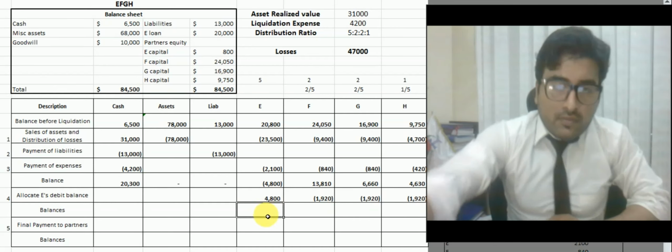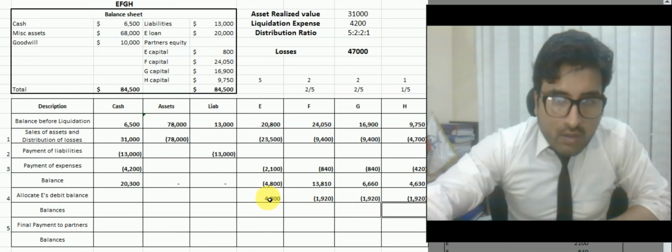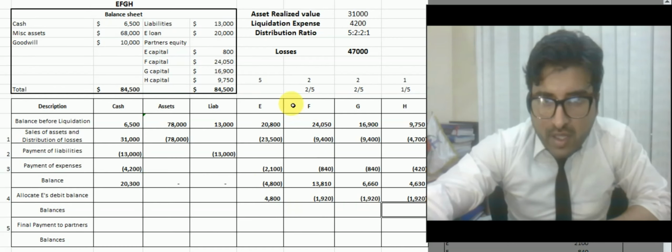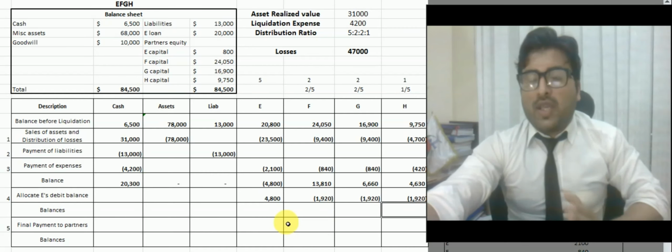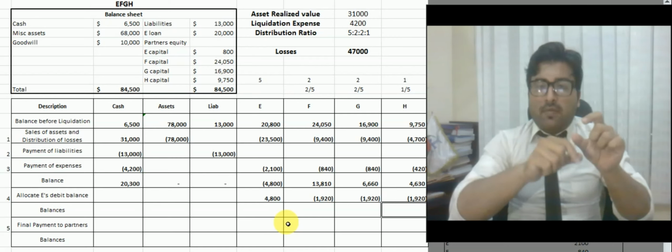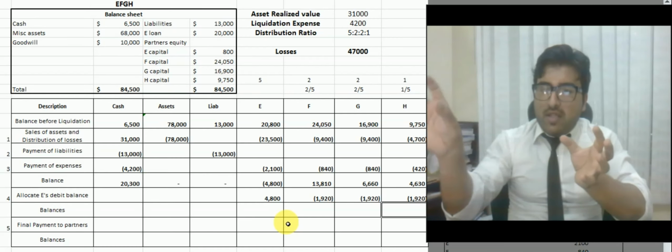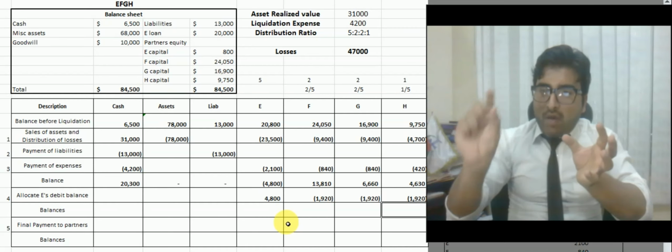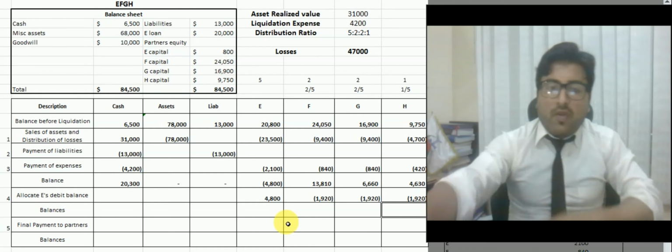Okay, so here 4800 we have added with this individual and we subtracted by this ratio from each and every individual, and this is called allocation. Allocation is because one partner's balance is negative, then we have to take from each and every individual amount by the remaining ratio of them, whatever is the ratio, and then we are adding back here 4800.